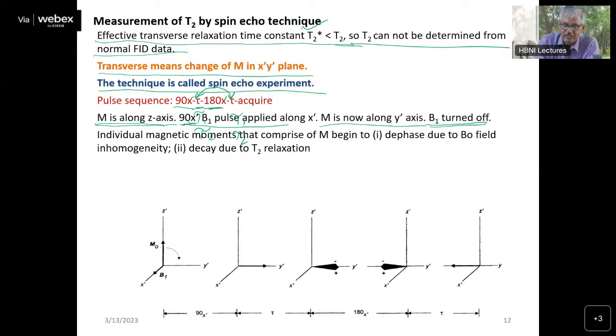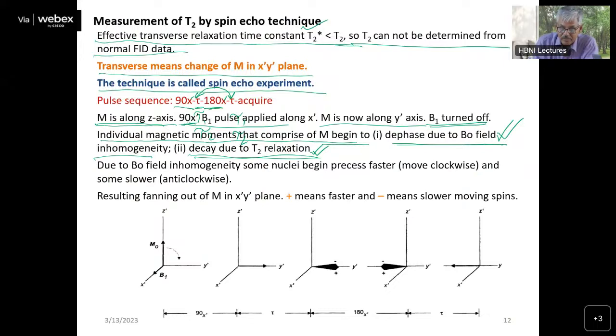Your magnetic moments that comprise M begin to dephase, one due to the field inhomogeneity, and another is decay due to T2 relaxation. But we would want to remove this effect, so that we can get the effect of T2 relaxation. So how are we doing that?